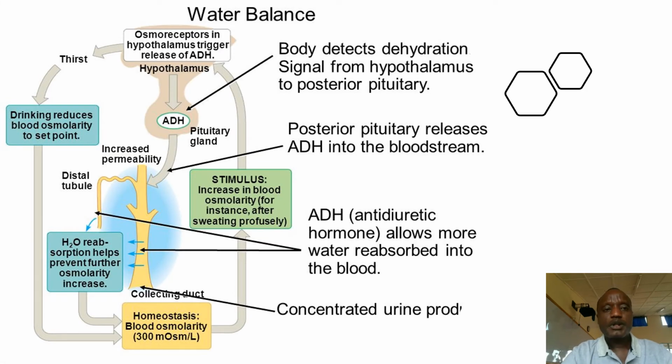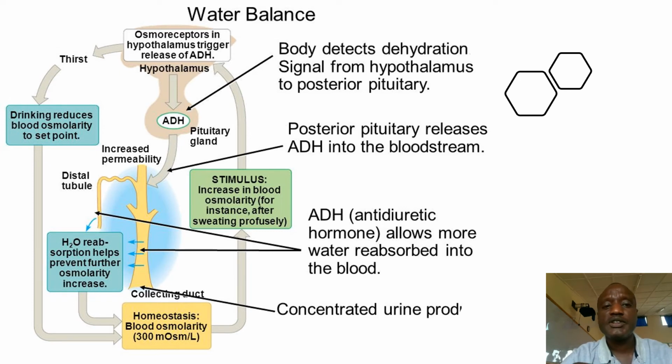Now, you have had the regulation of water potential of blood. When you look at this cycle, basically the cycle here is summarizing water balance, the regulation of water potential of blood. So let us start with osmoreceptor cells.